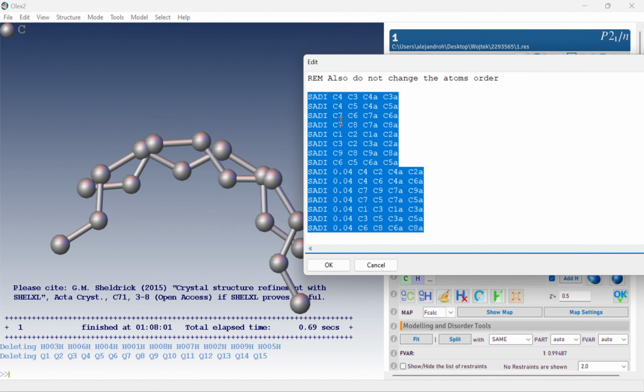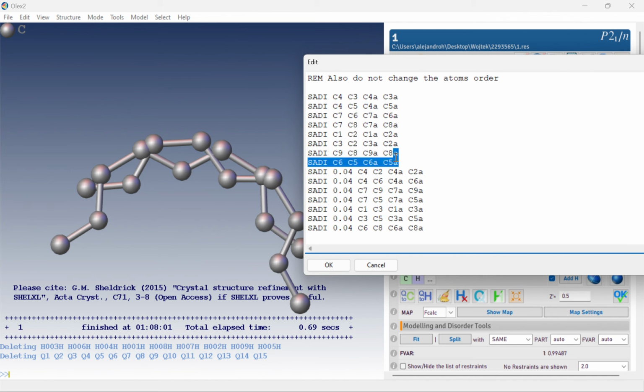But anyway, I always recommend to check what OLEX does. So here are our 1, 2 distances. So we have distance carbon 1, carbon 2 related to carbon 1A, 2A. Then we have here 2, 3, 2, 3, 3, 4, 3, 4, etc. Here we have 1, 3 distances.